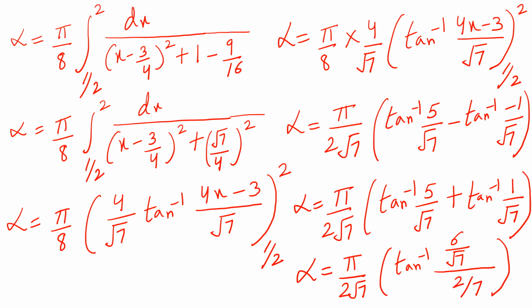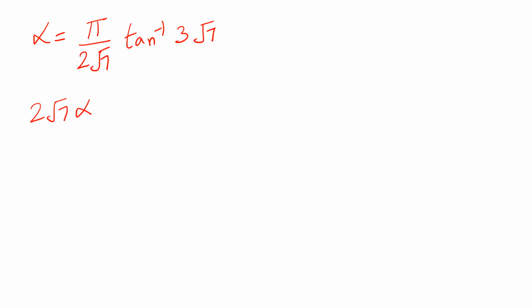Now students, we move further. Now students, alpha is equal to pi upon 2 root 7 into tan inverse of 3 root 7. So that means 2 into root 7 into alpha whole divided upon pi can be written as tan inverse of 3 root 7.